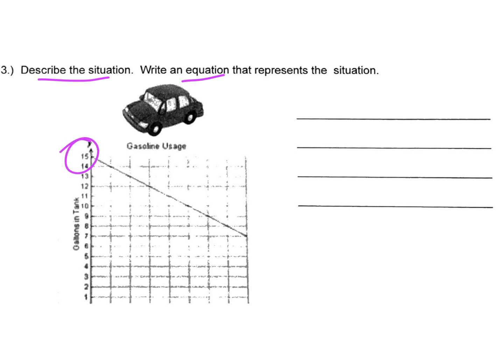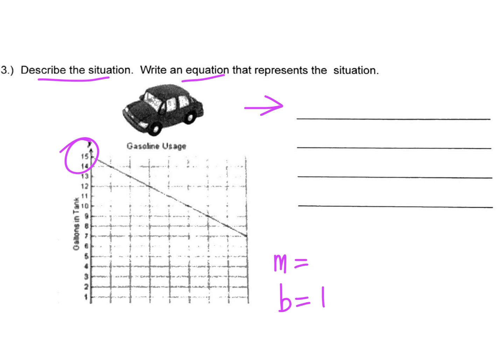You start with a certain amount of gas in your car, and the more you travel, the gas will decrease in your tank. So you would write a little situation about going on a road trip and the gas in your tank decreasing. And then to write the equation, we find the slope and we find the intercept.